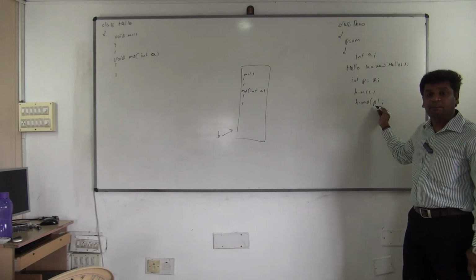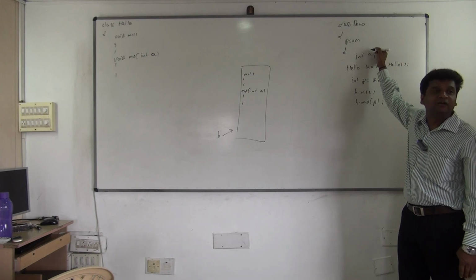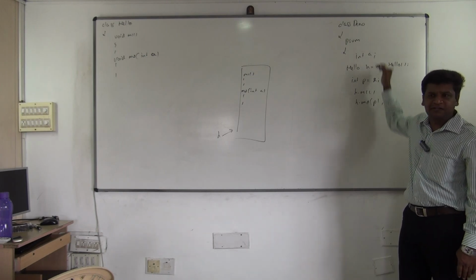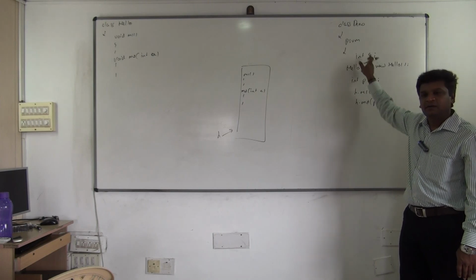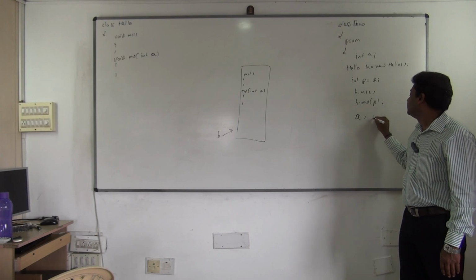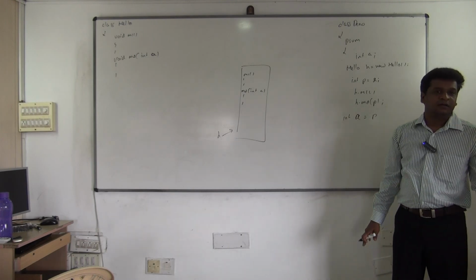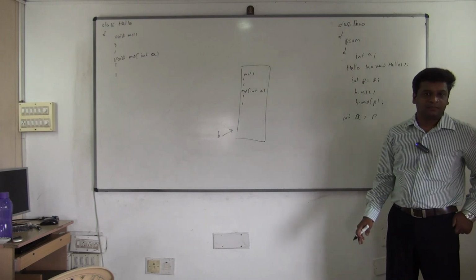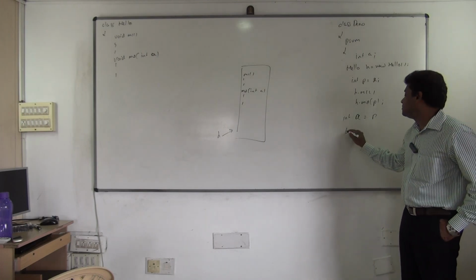If I want to give the value of p to another variable, it should be compulsory of type what? Int only. First understand in local scope. Same thing is happening now, only it's in a different scope. But this is called by value. Understood now?